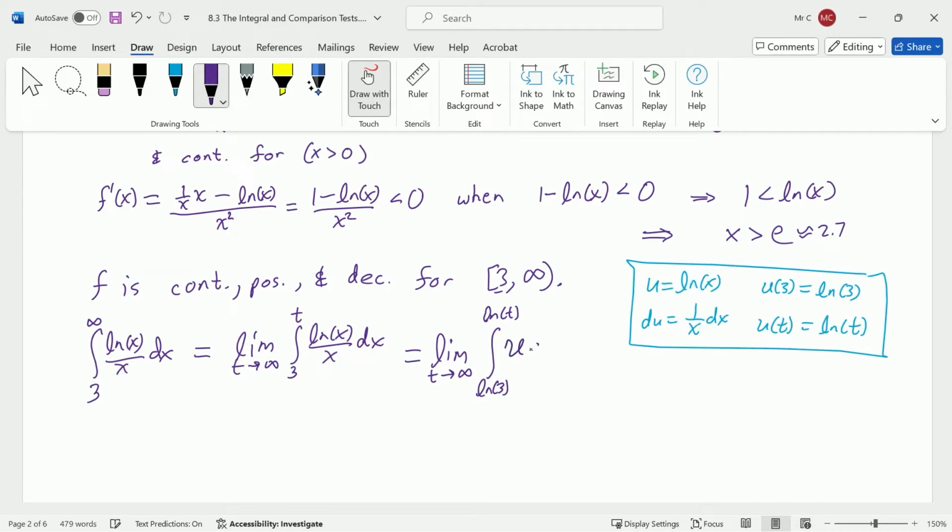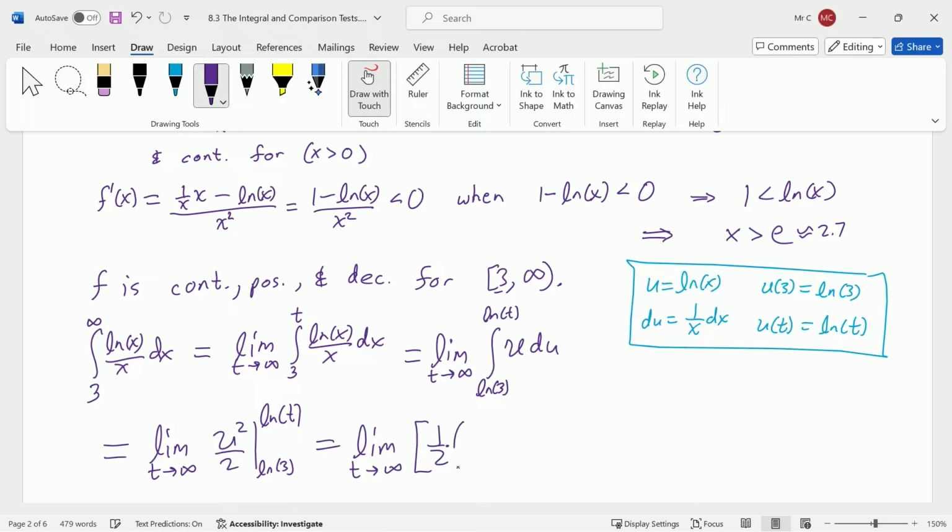And then I get u du inside the integral. So a nice, easy integral to evaluate. That becomes u squared over 2, evaluated from ln of 3 to ln of t. And that's the limit as t goes to infinity of 1/2 times ln of t squared minus ln of 3 squared.